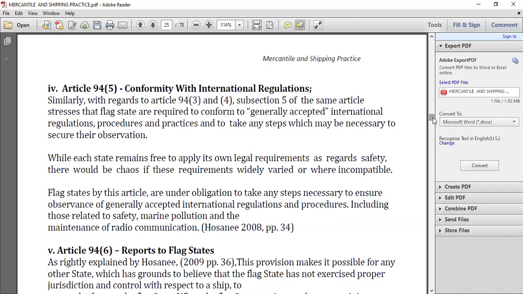So flag states by this article are under obligation to take any step necessary to ensure observance of generally accepted international regulations and procedures, including those related to safety, which we call the SOLAS, marine pollution, which they also call the MARPOL, and the maintenance of radio communication. All these must be done.